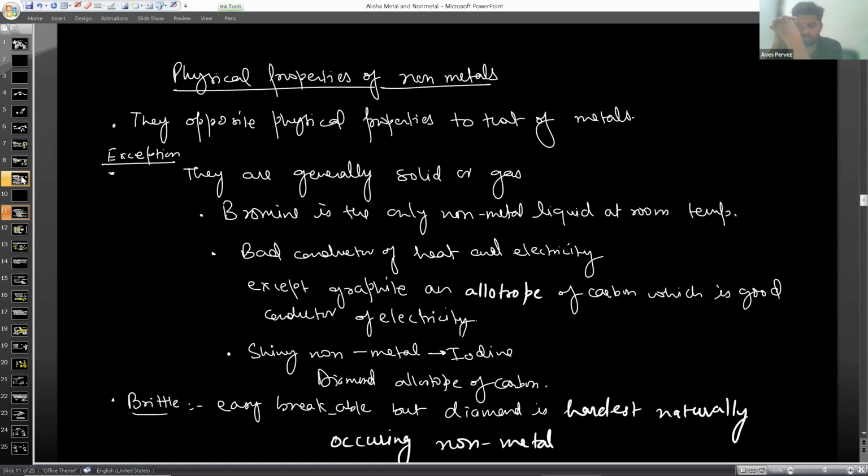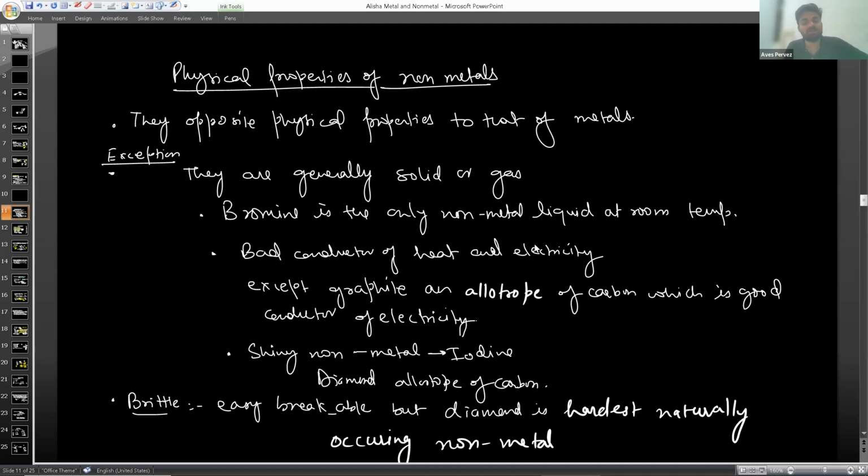Non-metals are generally solid or gas. There is only one non-metal that exists in the liquid state, and that is bromine. So there are some exceptions for the non-metals: they are generally solid, but bromine is the only non-metal that is liquid at room temperature.